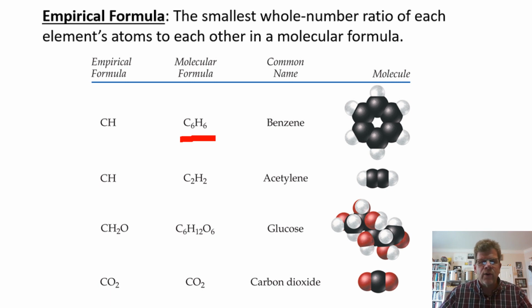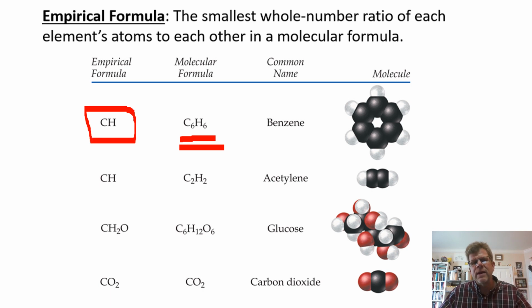And it turns out we can, because if we look at the subscripts here on C6H6, each of those are divisible by the same number, or 6, if you will. And if we did that, we're going to come up with the empirical formula of CH. Ultimately, what this means is there's the same number of carbon atoms as there is hydrogen atoms in this molecular formula. We don't know what that molecular formula is, but we do know that it's a 1-to-1 ratio given by that empirical formula.